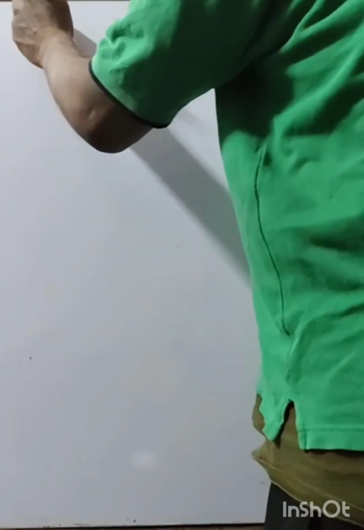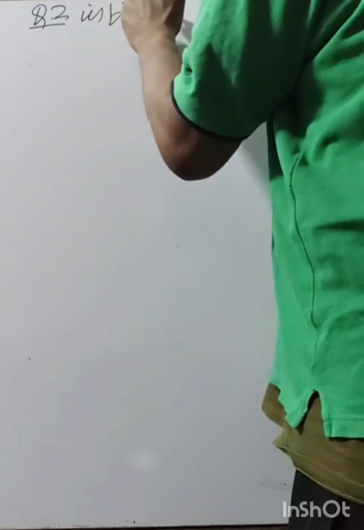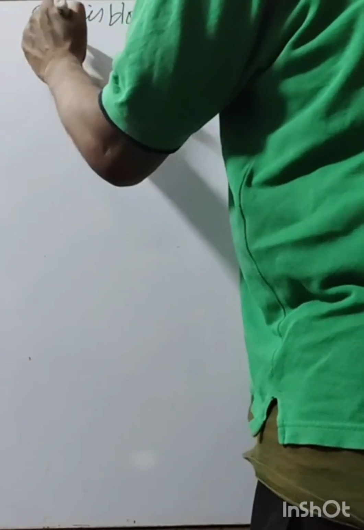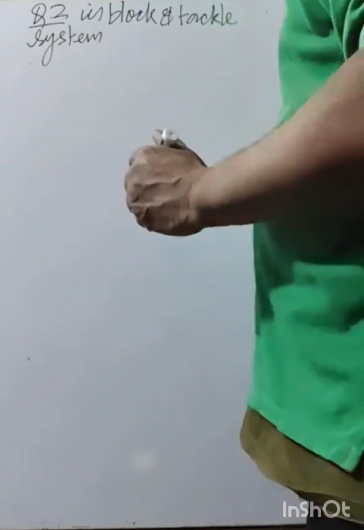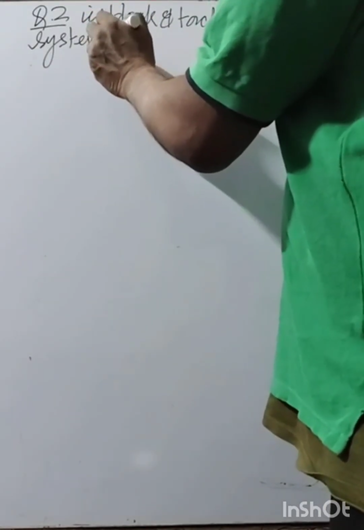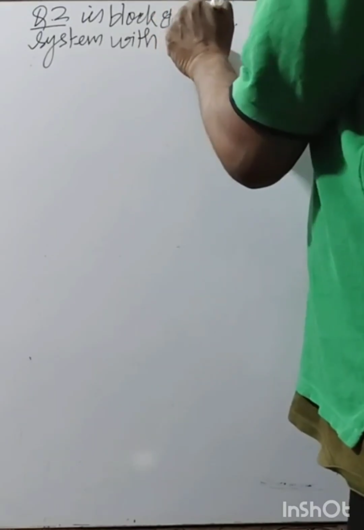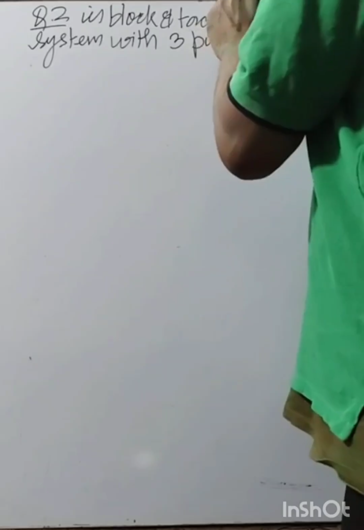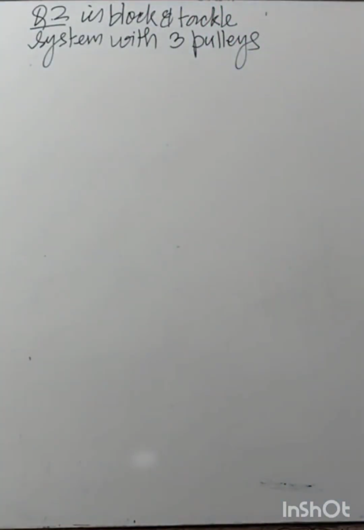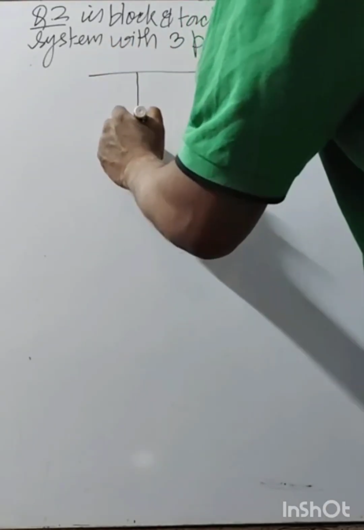Question number 2. In a block and tackle system with 3 pulleys, what happens? We put it like this.